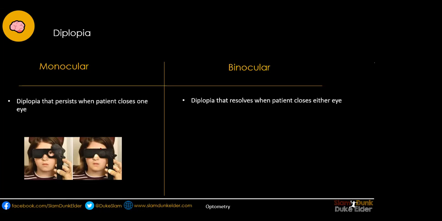Or it could be supranuclear, and we won't get into those causes, but those are talking about your gaze paresis and your internuclear ophthalmoplegia. So just to quickly go over that again, you've got diplopia, which can be divided into monocular and binocular causes. Monocular diplopia will persist when the patient closes one eye.